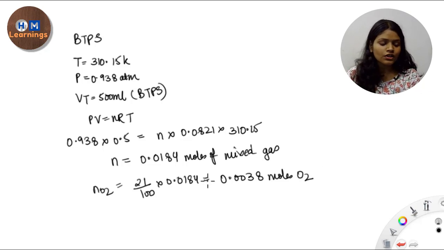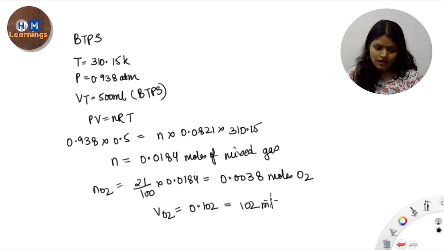So this is how you can use PV = nRT. And if I want to know the volume of oxygen containing 0.0038 moles of oxygen at BTPS, I can also do it by putting it into PV = nRT. By that you get the volume as 0.102 liters, that is 102 ml.